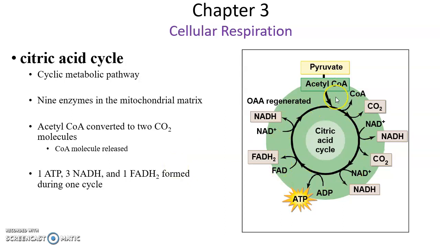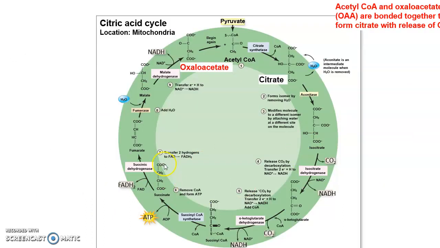It's 9 enzymes involved, occurs in the mitochondrial matrix, and the acetyl coenzyme A ends up producing carbon dioxide as well as ATP, 3 NADH, and 1 FADH2. Of course, we have 2 acetyl coenzyme A's going in because we had 2 pyruvates, so it's really doubled. Here is the whole process. It's complicated and crazy.